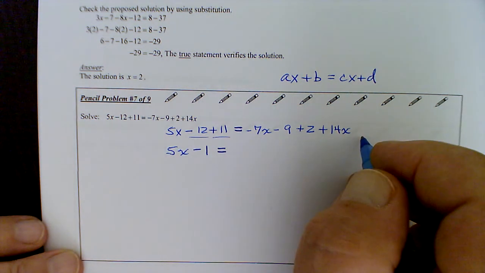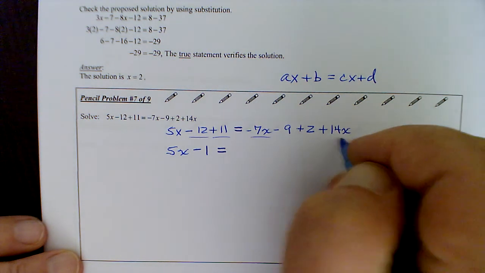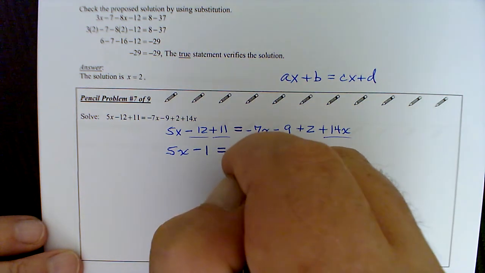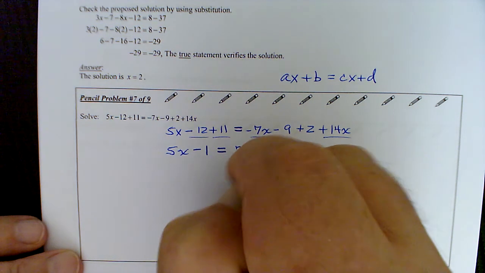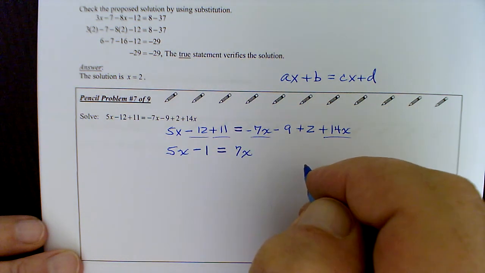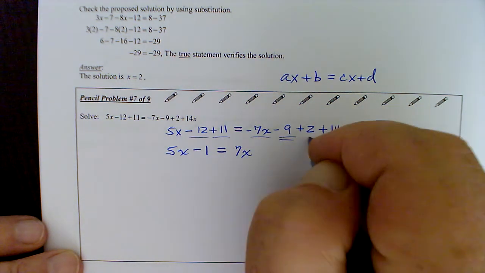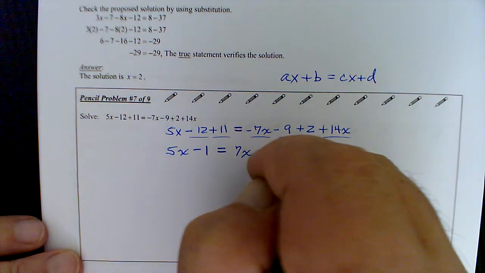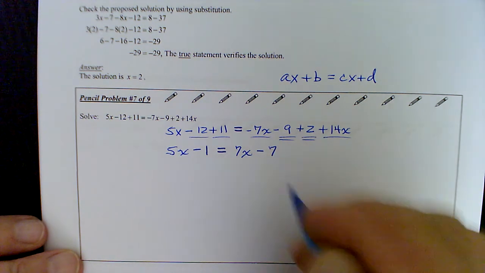Now on the right, we see 2 terms that contain x, a -7x and a +14x. And combining, we get a +7x. And then we also see these constants are alike. And so combining a -9 and a +2, we get a -7.